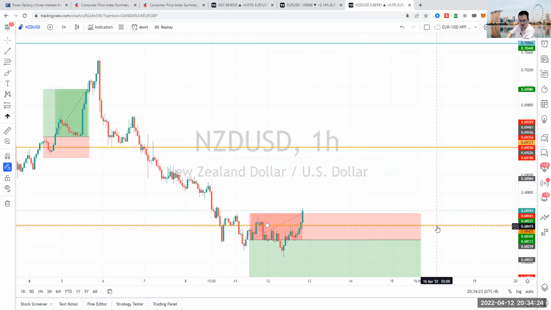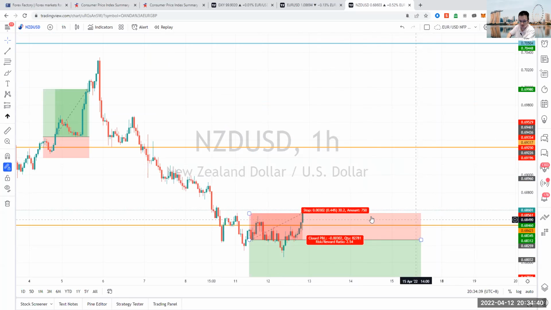Kiwi dollar is now bouncing up from this 0.6842 level. Might be interesting if it stays above. Don't enter a trade for the Kiwi dollar now, but this could form up quite nicely for tomorrow.